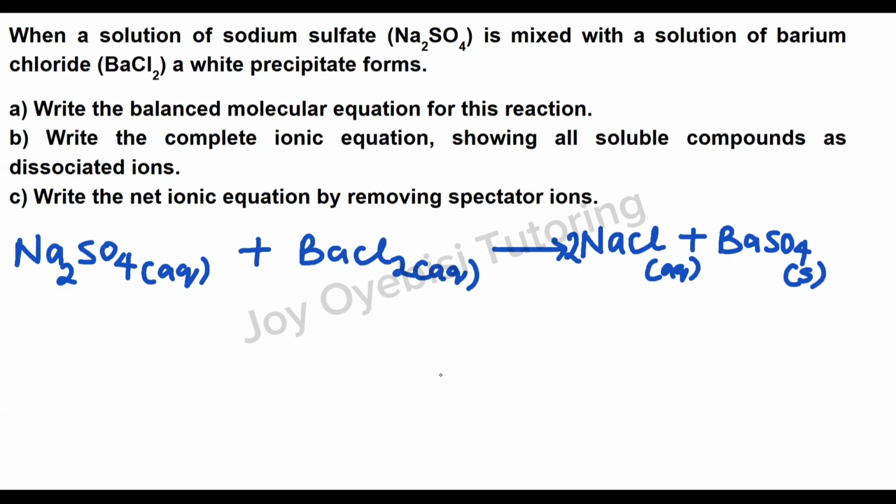The next question says, write the complete ionic equation. To write an ionic equation, you will split all the aqueous molecules into their ionic forms. So this is 2Na+, because there are 2 of them. Sodium has a +1 charge.